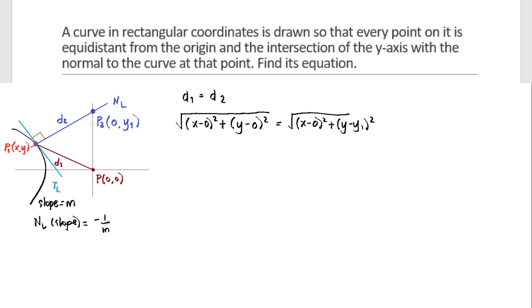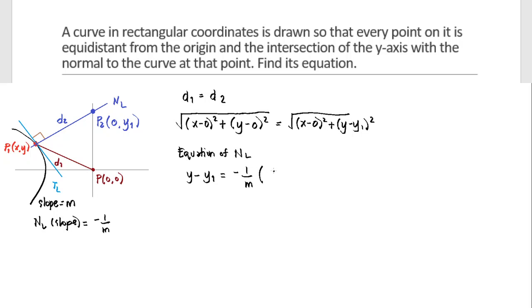Now, on this normal line, we have 2 points present. We have the point xy, of course, it passes through the normal line. We have this point P2, it also passes through the normal line. And we know the slope of that normal line is negative 1 over m. So forming the equation for the normal line, that would be y minus y sub 1 equals negative 1 over m times x minus 0.